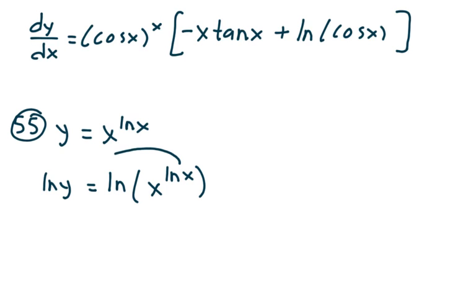Move the natural log of x out in front. So natural log of y is natural log of x times natural log of x. But I can write this as natural log of y is natural log of x raised to the second. Now I'm ready to differentiate both sides with respect to x.